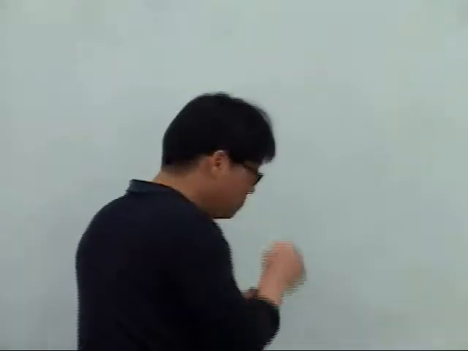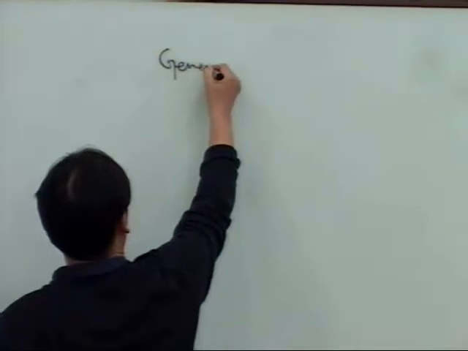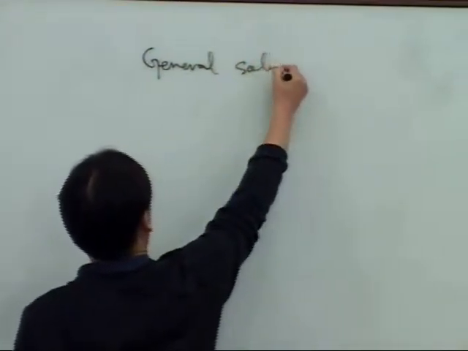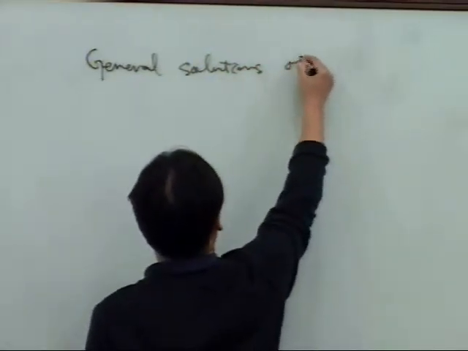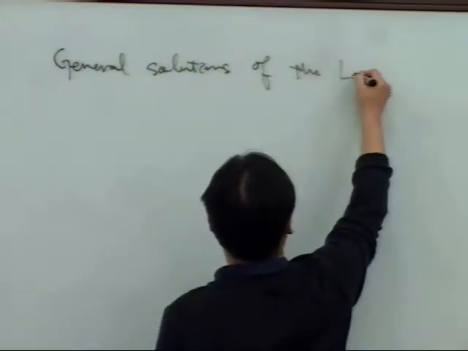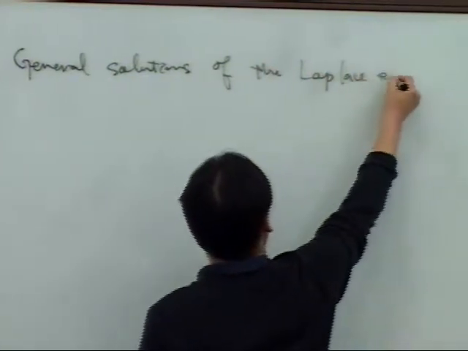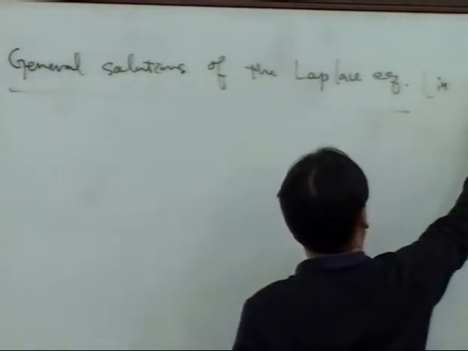So we found a solution for a circular cylinder, and what we are going to do today is to find the general solution of the Laplace equation in 2D.